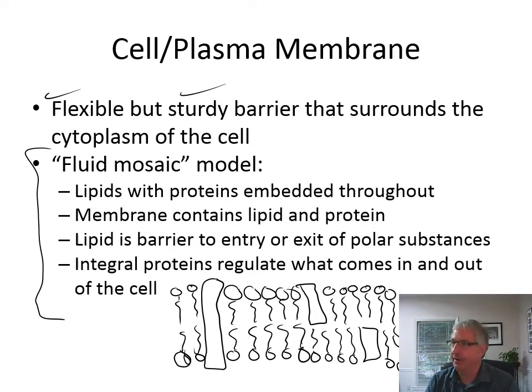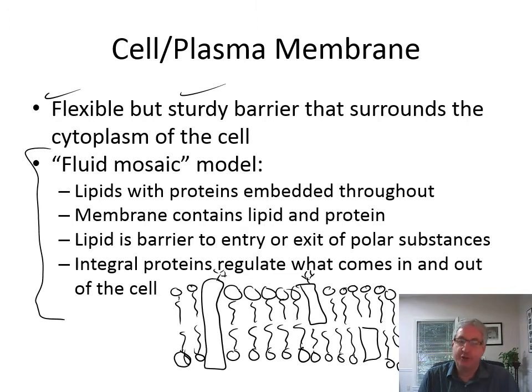If it goes part way, it's also called an integral membrane protein. But you have these proteins that are in this lipid bilayer, and they can move around. Okay, so that's why it's a fluid. It's a mosaic because you have proteins and lipid together, but it's fluid because these proteins can move around in this lipid bilayer. Okay, and these proteins don't have to be just protein. They could have a little sugar molecule sticking off the top of it. This one could have it too. Okay, that kind of thing.